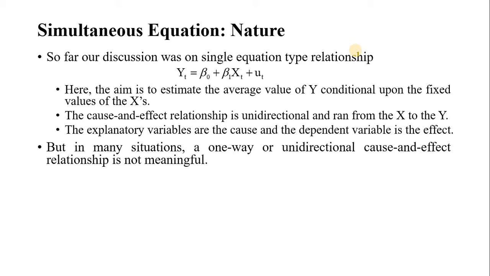For example, look at this simultaneous macroeconomic model. You have already learned these things. Ct is equal to beta 0 plus beta 1 Yt plus ut, and Yt is equal to Ct plus It plus Gt. Look at these equations.